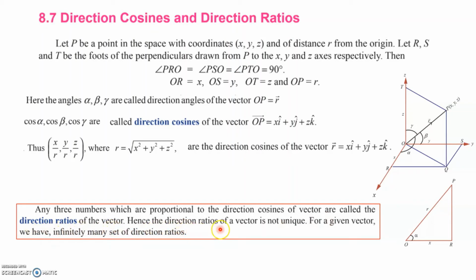Hence, the direction ratios of a vector are not unique. For a given vector, we definitely have many sets of direction ratios. So any three numbers which are proportional to x by r, y by r, and z by r are called the direction ratios.